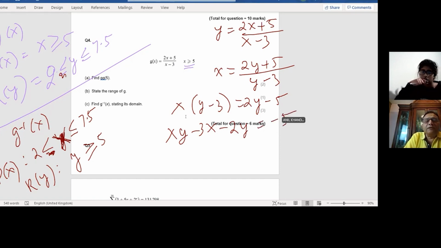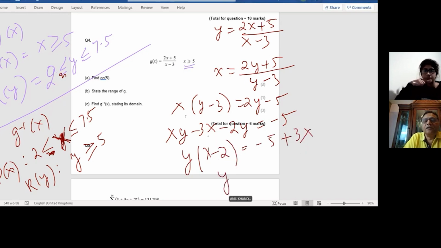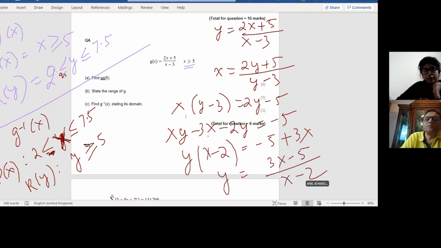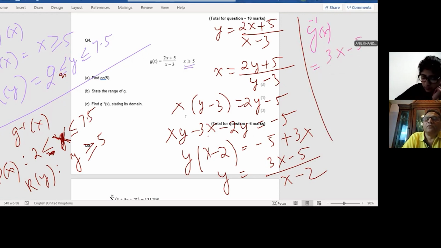So taking y common, we get x minus 2, and 5 plus 3x. I'm taking this 3x on the right hand side. So y equals 3x minus 5 over x minus 2. Is that okay? So we can write g inverse of x is equal to 3x minus 5 over x minus 2, where this time x is less than or equal to 7.5.